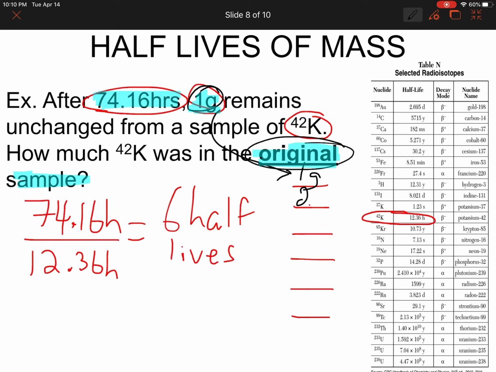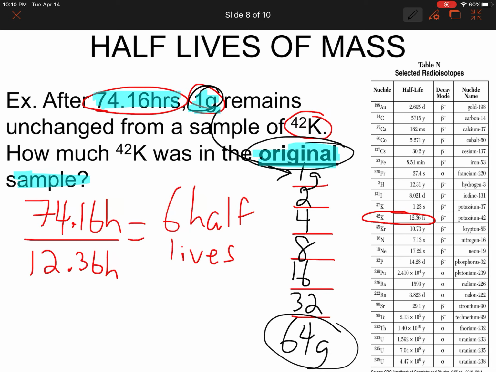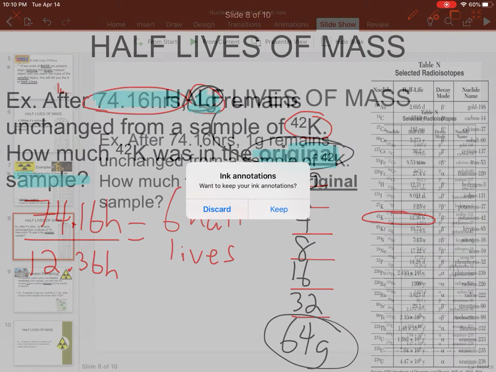What's 1 times 2? 2 times 2. 4 times 2, 8 times 2, 16 times 2, 32 times 2, 64 grams was in the original sample. Okay, let's proceed.